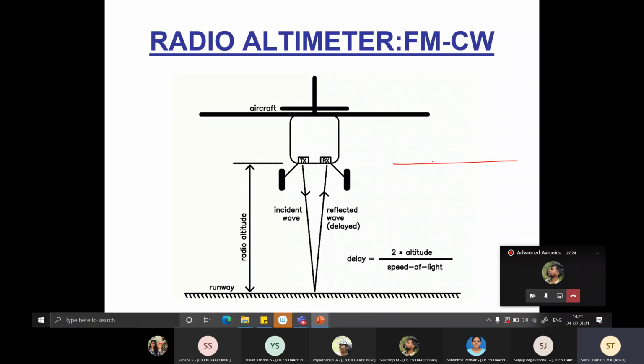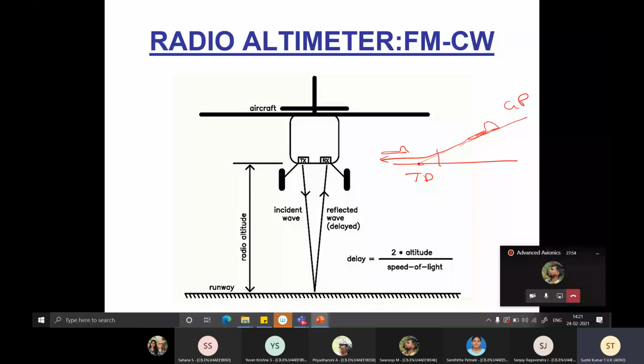Okay. Flaring is, you have the aircraft following the glide path. So this is the glide path for the aircraft. At the touchdown point, definitely, it cannot go straight and hit the ground. So it takes an exponential flare like this and then touches down.